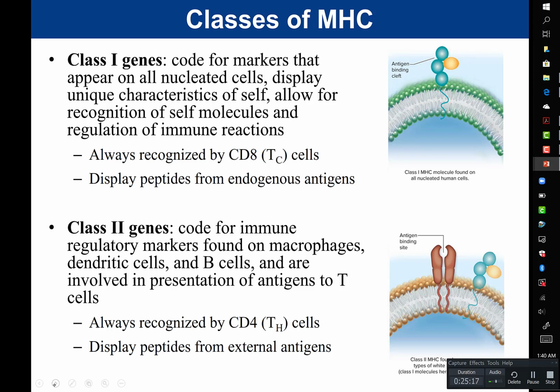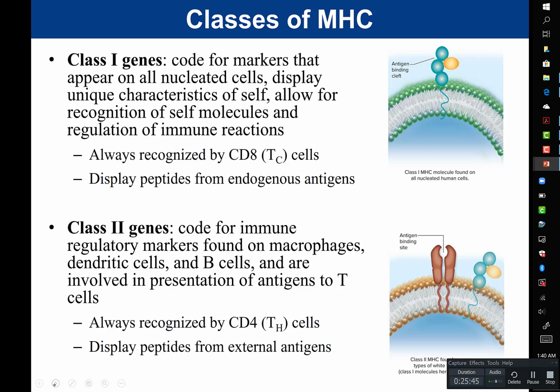So again, all nucleated cells, except it's not found on red blood cells, because red blood cells are not nucleated cells. So all the other cells in the body are going to have class 1 genes. These display unique characteristics of self and allow for recognition of self molecules and regulation of immune reactions.